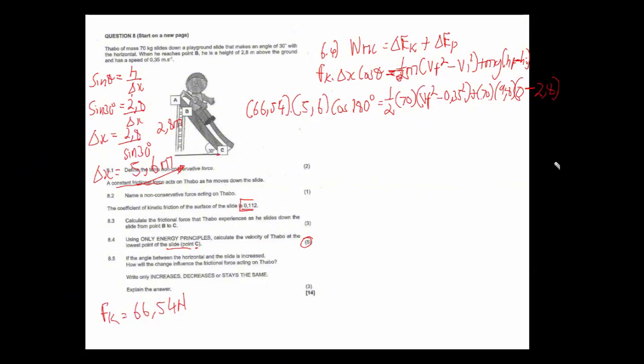So we just grab our calculators, 66.54 multiplied by 5.6, and then cos 180 degrees. So this will give us what? Negative 372.624. And then half of 70 is 35. 35 multiplied by VF squared, that's 35 VF squared.